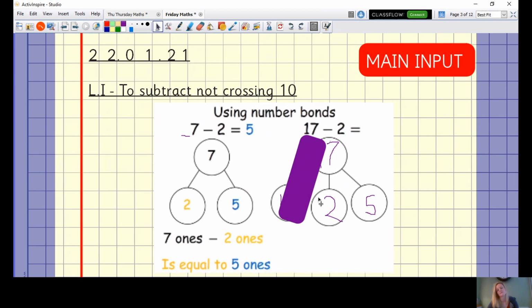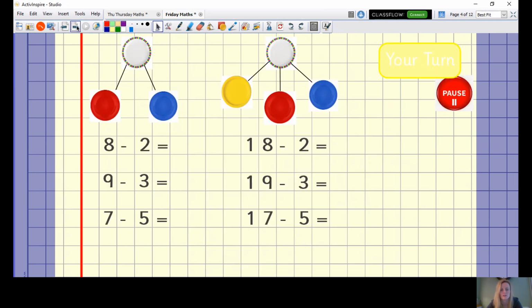Do you see that? So without the 10s, it's still partitioned the same way, but I've just made sure I included my 10s. So you're going to have a go at some questions like this. Just have a look, have a spot. The 2's the same, the 5's the same. It's just my 10s that are changing.